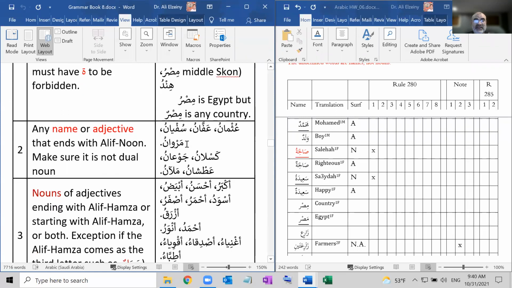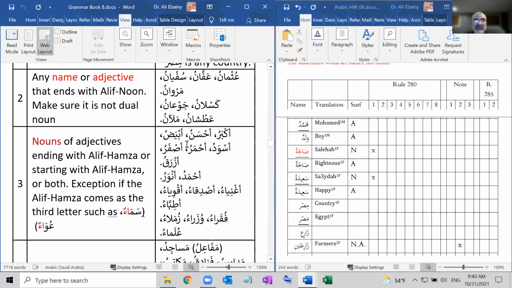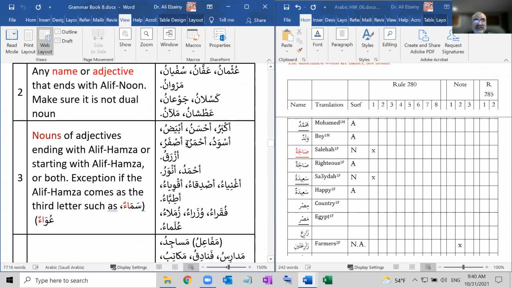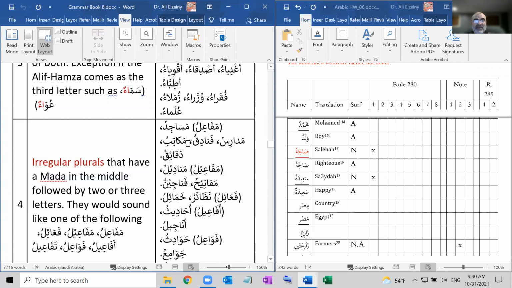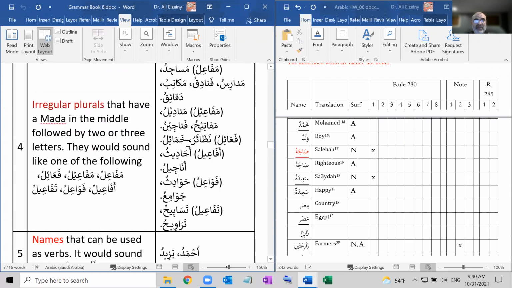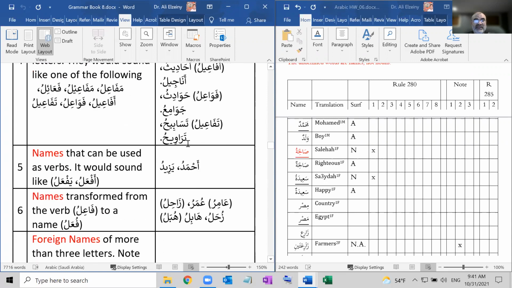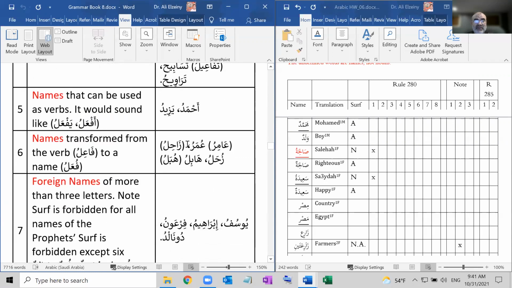Is it a name or an adjective that ends with alif noon? No. Does it end with alif? Does it start or end with alif hamza? No. Is it a regular plural? No. Is it a name that can be used as a verb? No, Muhammad can't be used as a verb.